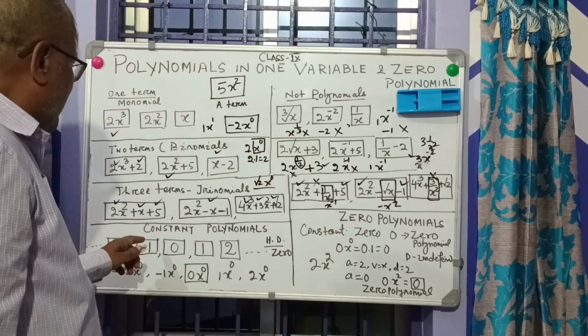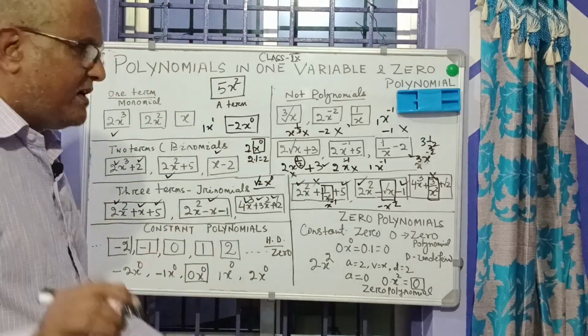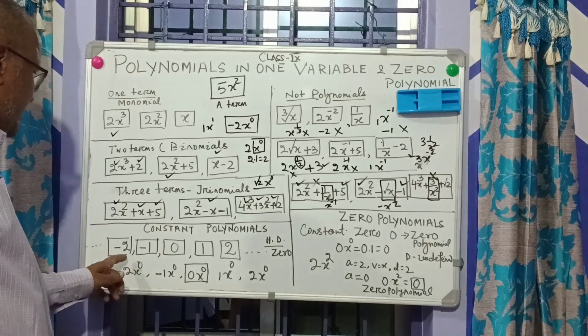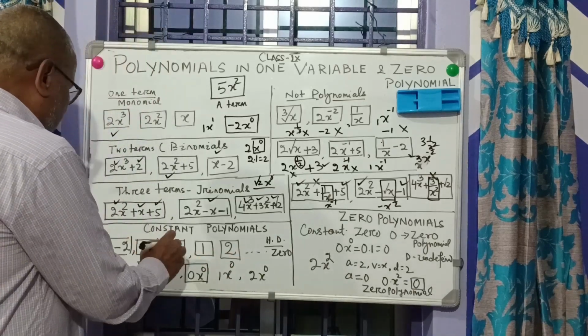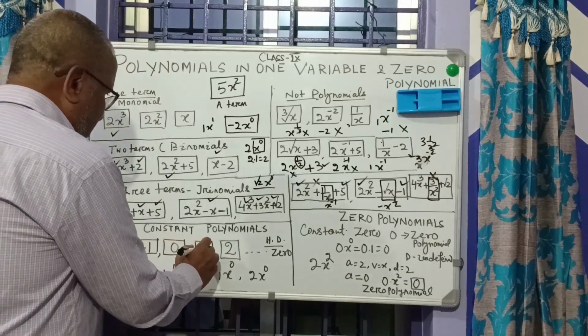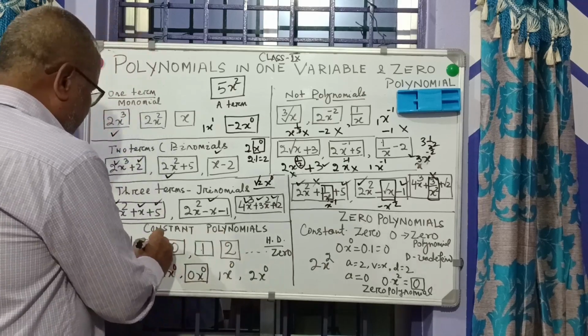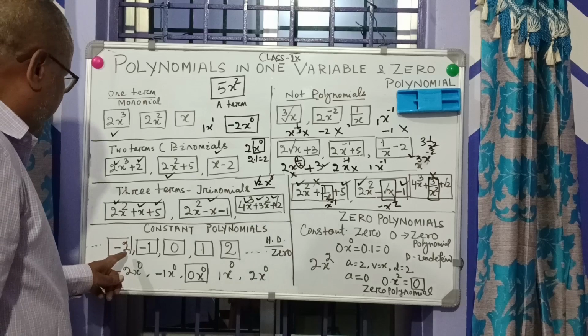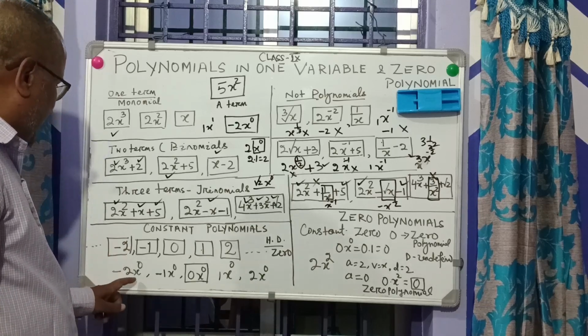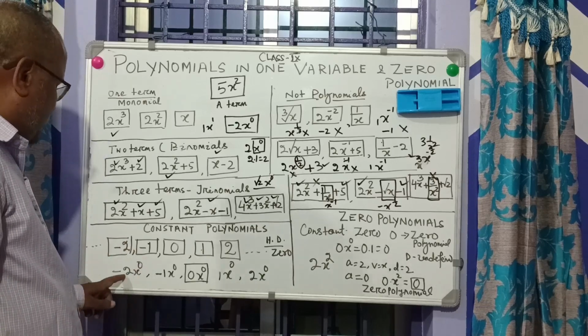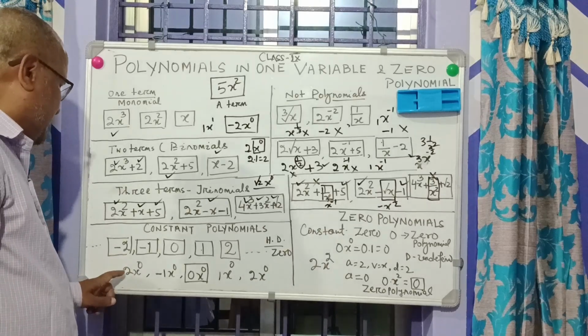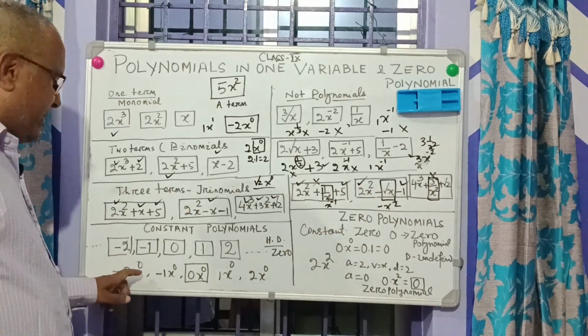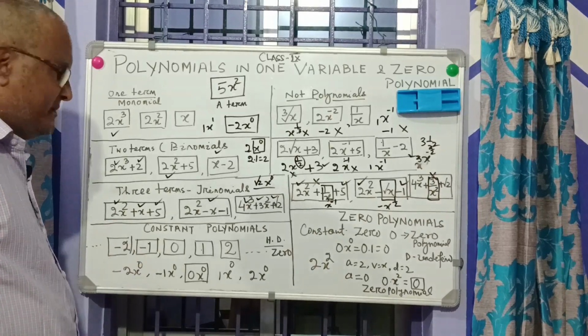But now come to the constant polynomials. This is very important. Now we have taken some examples. So here 0, on the number line 1, 2 positive integers, minus 1, minus 2 negative integers. So we can write minus 2 as minus 2 x power 0. So minus 2 is the coefficient, x is the variable, degree is 0.